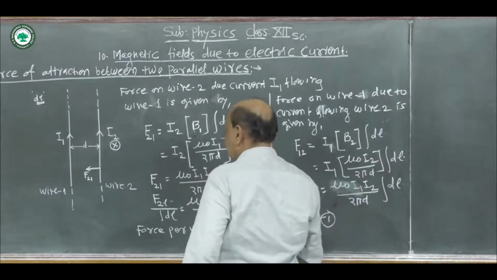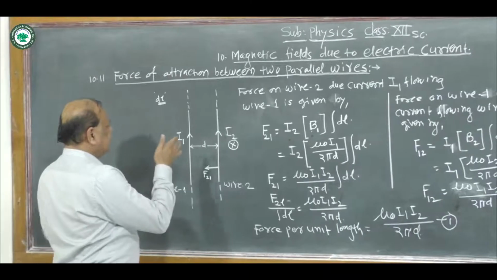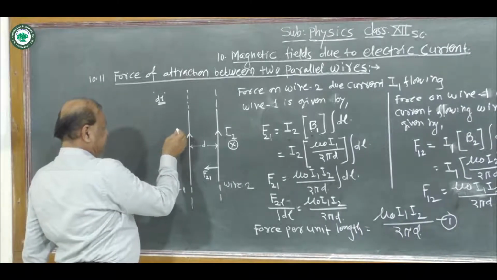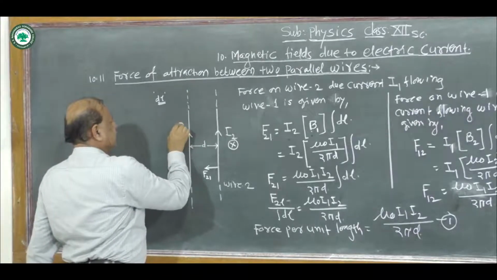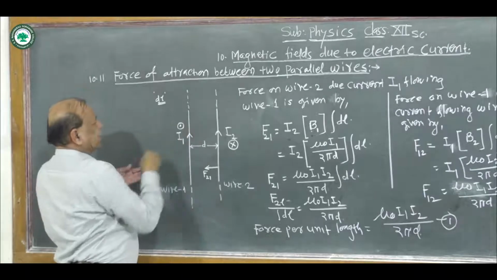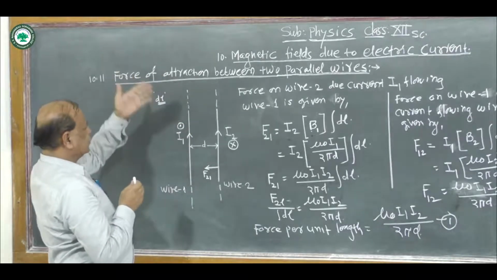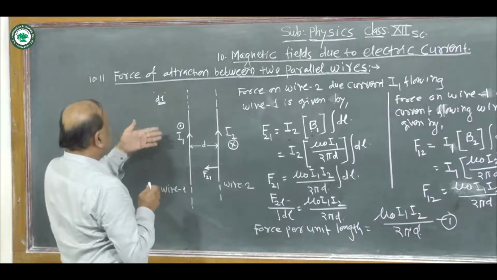Now what is the direction of this force? This current produces a magnetic field which is directed outward, according to the right hand rule.